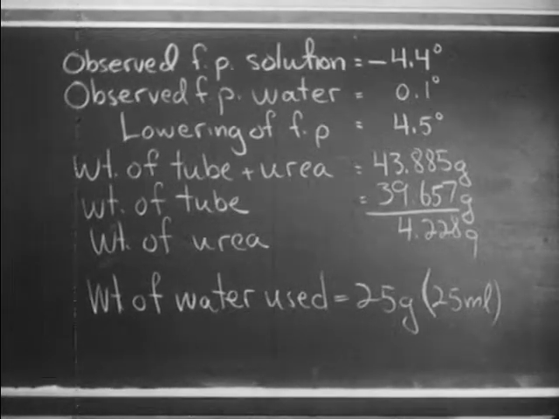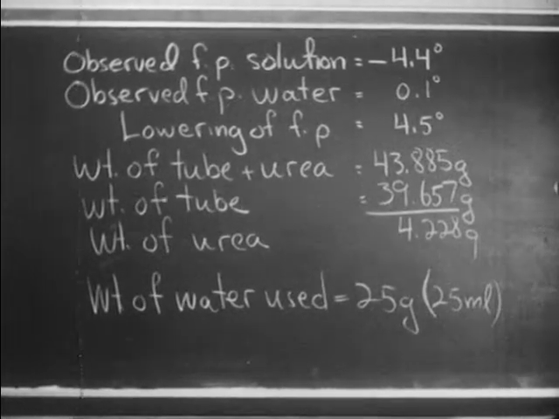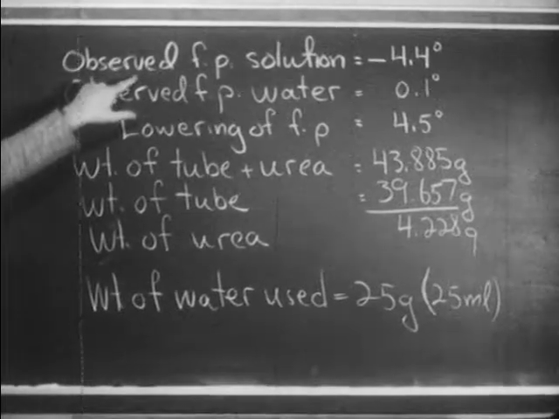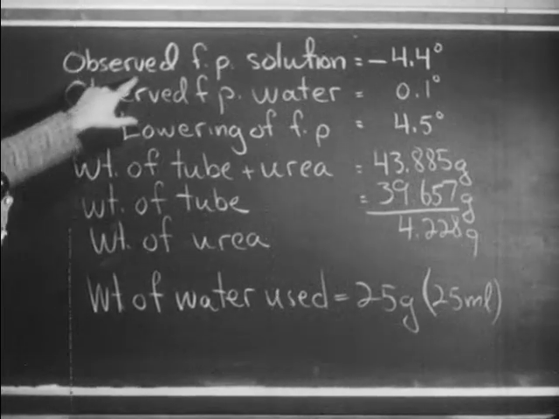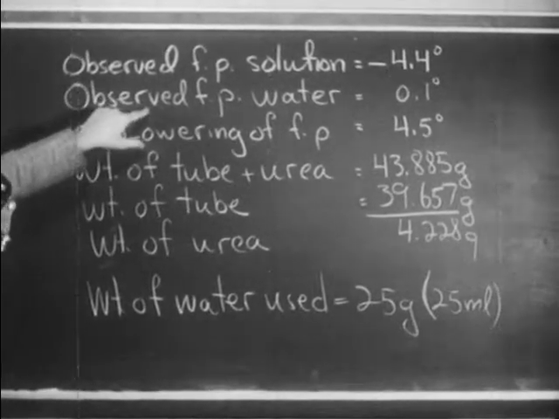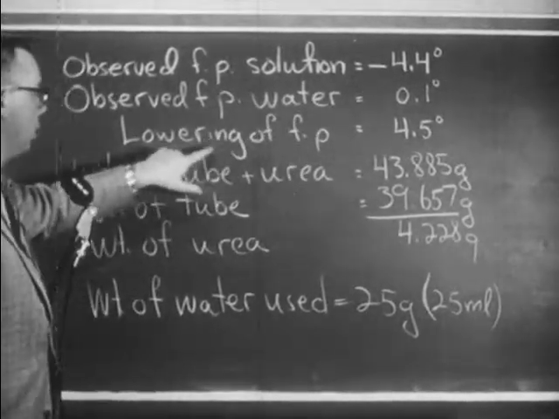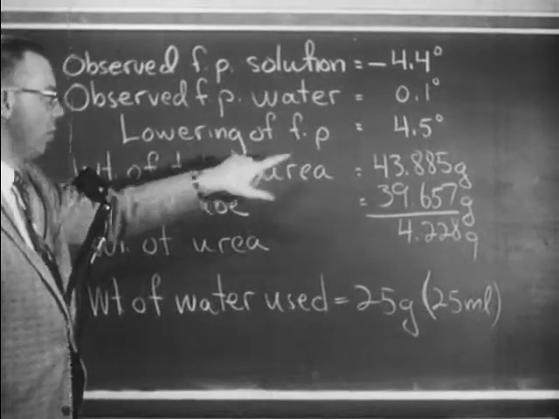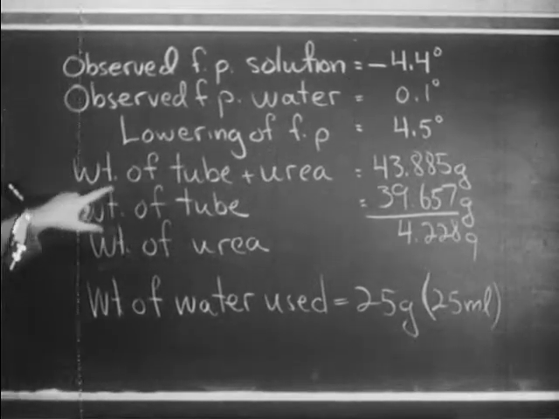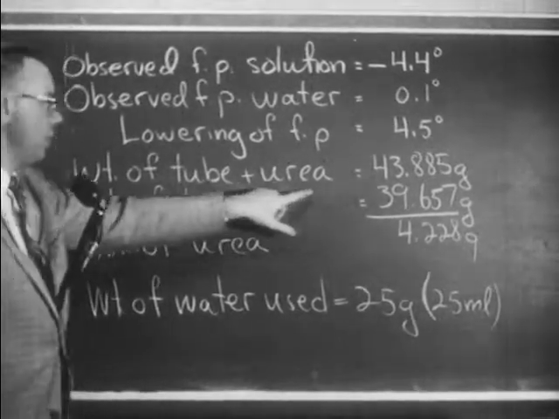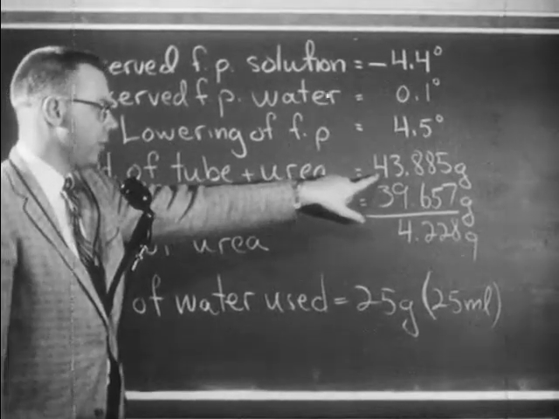The data which we've collected in this experiment is now on the board. The observed freezing point of our solution was minus 4.4 degrees. The observed freezing point of water was 0.1 degrees, and this means that the freezing point of our solution was lowered 4.5 degrees. The weight of our tube containing the urea, 43.885 grams.